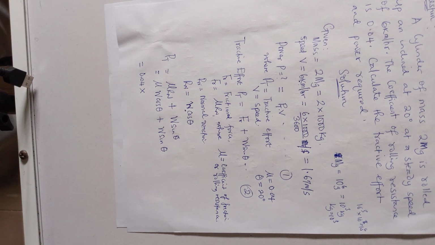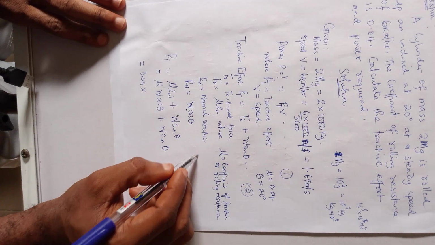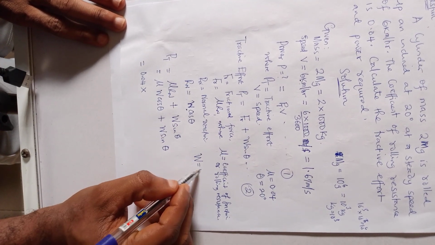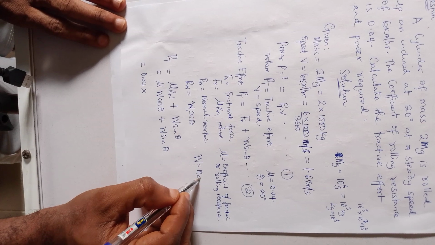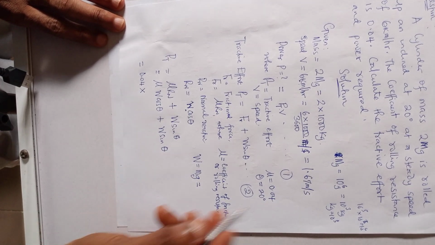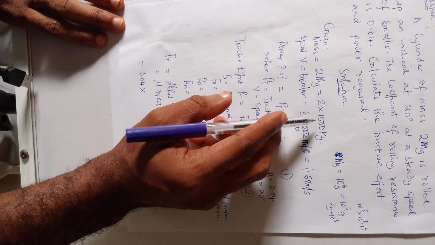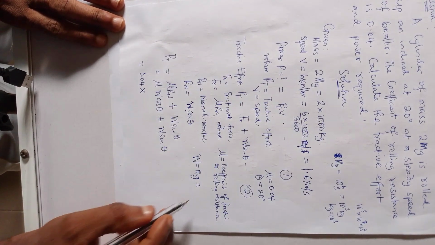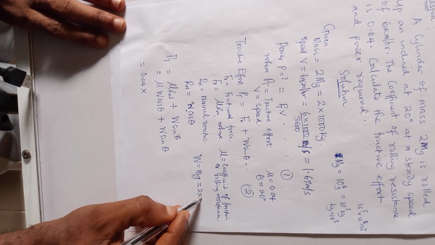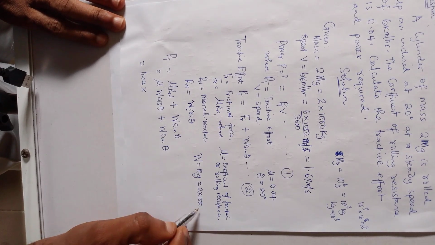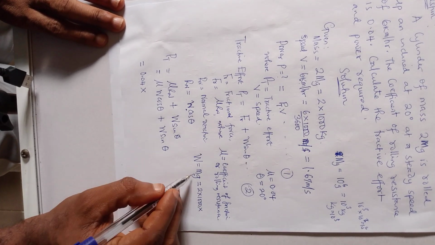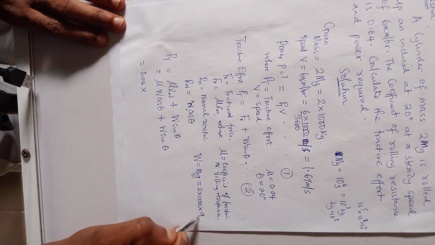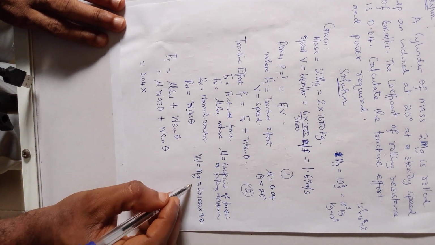Oh, we didn't take note of that. Of course, we know that weight is mass times g, mg, and we know our mass has been given to be 2 megagrams. So when we convert it, we are going to have 2 times 1000 kilogram times the g, which is acceleration due to gravity.